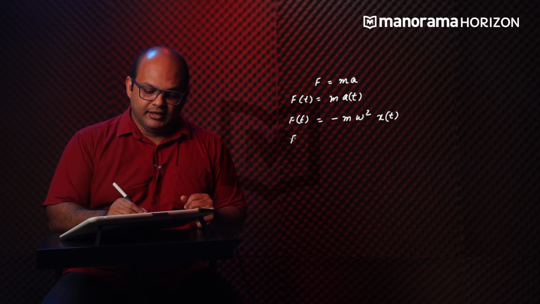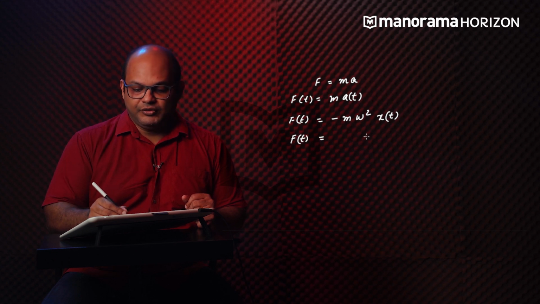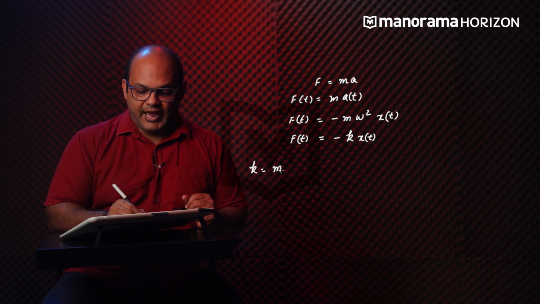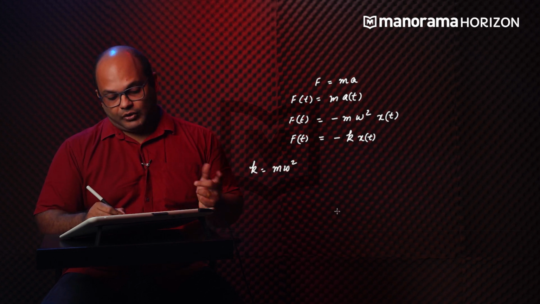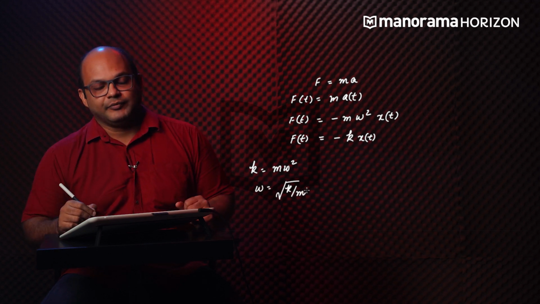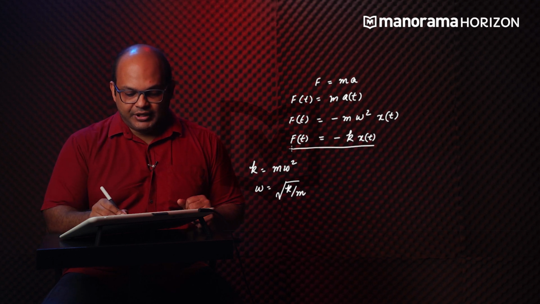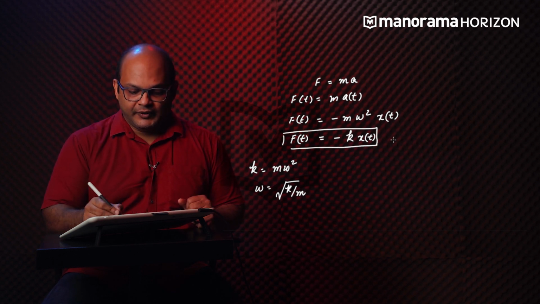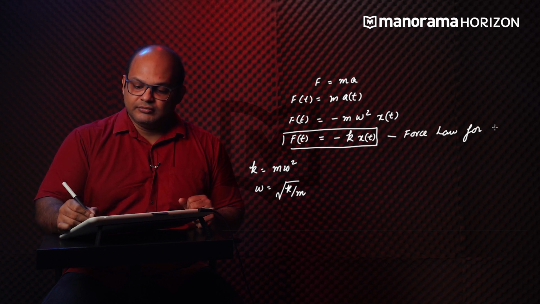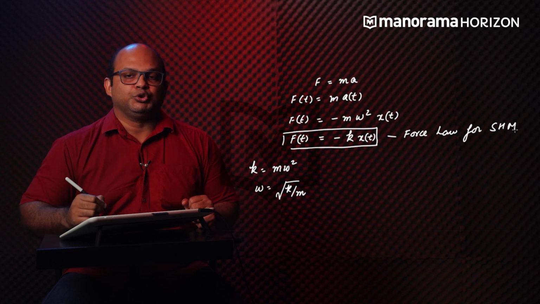So I can say that F(t) is equal to negative k x(t), where k is equal to mω², or I can write ω is equal to the square root of k divided by m. So this relationship here is what we were looking for. This is the force law for simple harmonic motion.